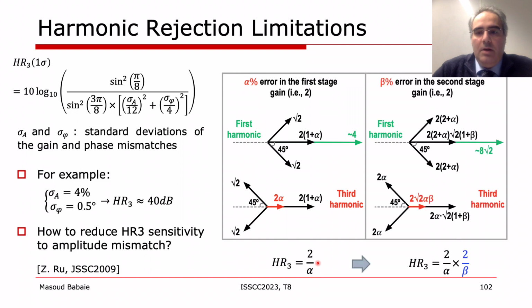Now if we connect the output of the first stage to the second stage, which has a beta % amplitude error, the amount of the harmonic rejection is improved by a factor of 2 over beta. It means that the harmonic rejection error becomes the product of 2 errors, one from the first stage and second one from the second weighting stage. Even with a pessimistic weighting error of 10% in both first and second stage, the harmonic rejection will be as large as 52 dB.